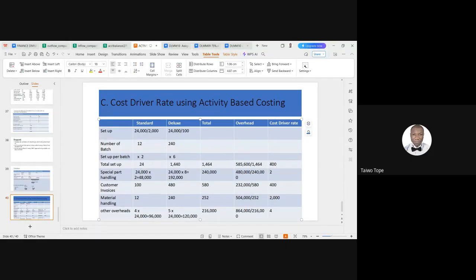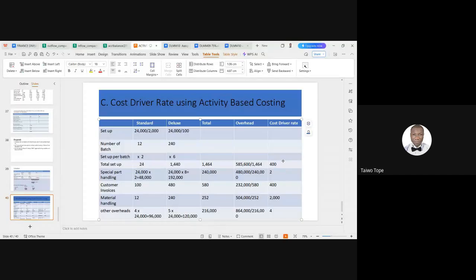For 1 setup, we are to spend a rate of what? 400. Now you have 24 setups. How much will you spend? 9,600. Fine. 9,600 is what you will incur for standard.